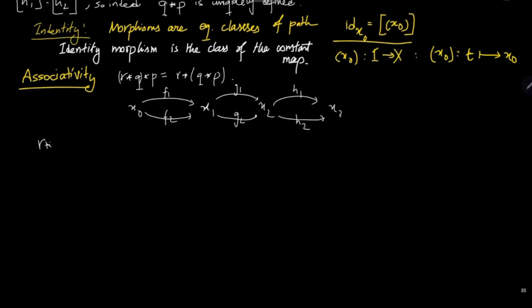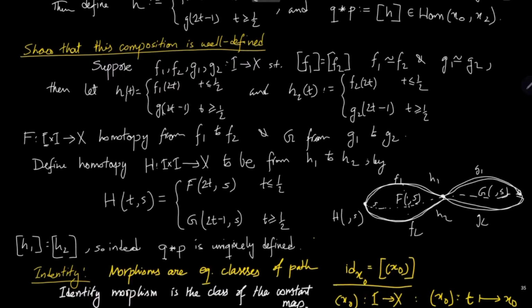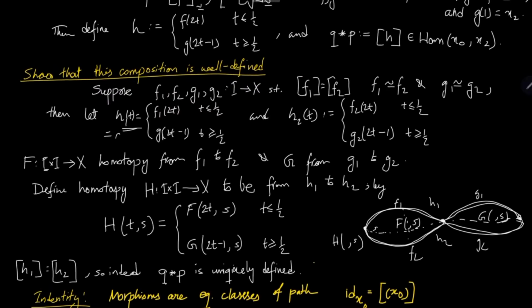So on one hand, r star q is really the equivalence class of h1 star g1. That is because we are just extending the star notation to the maps, the same way we defined it here, so that this we define to be g star f, because there is not much of a better way to simplify the notation.